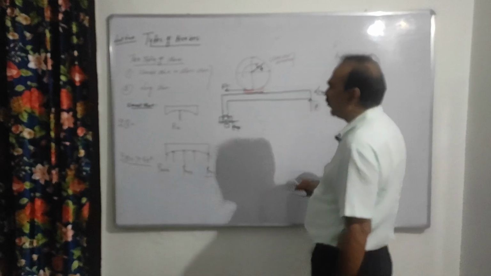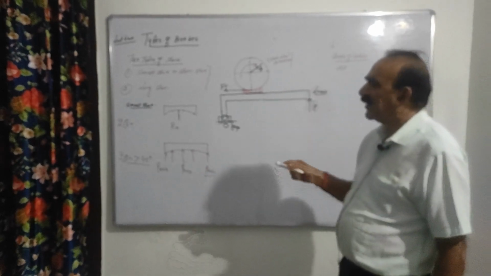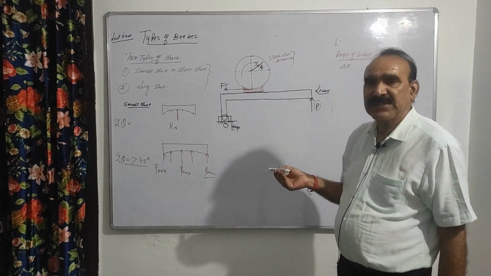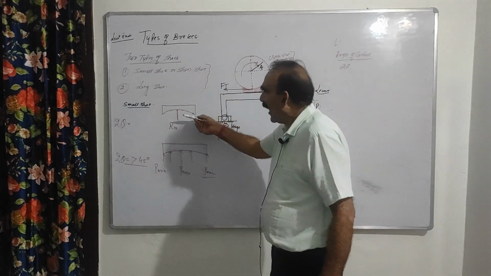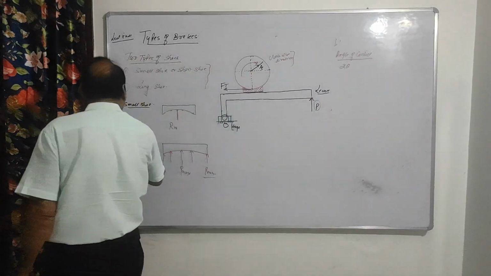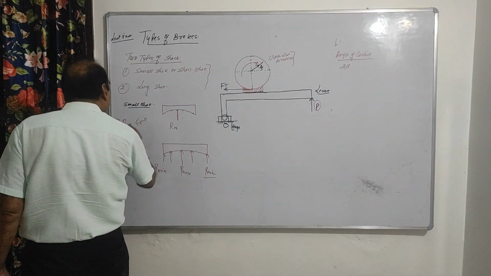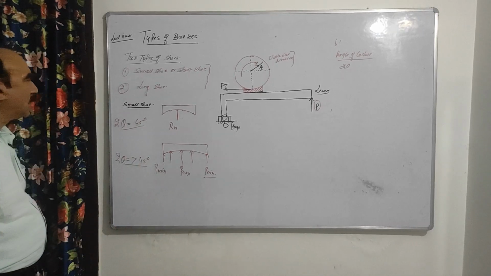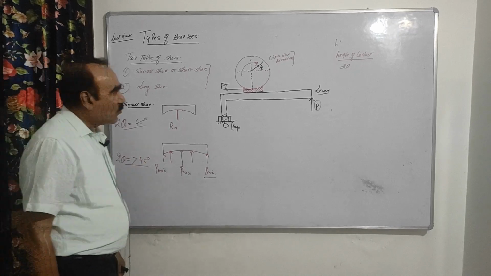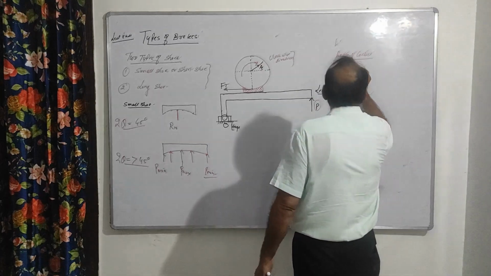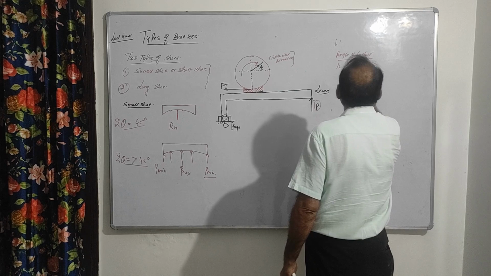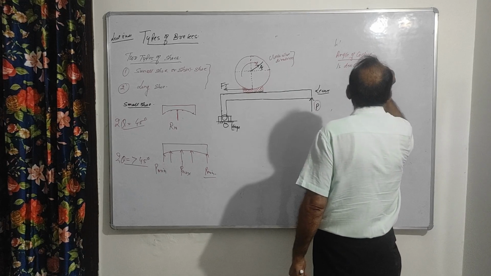So in case of long shoe, the angle of contact should be greater than 45 degrees. Some books refer to the angle of contact being greater than 60 degrees. But I will take that the angle of contact in case of small shoe should be 45 degrees or less, and in case of long shoe the angle of contact should be greater than 45 degrees, right? The angle of contact is denoted by 2 theta.